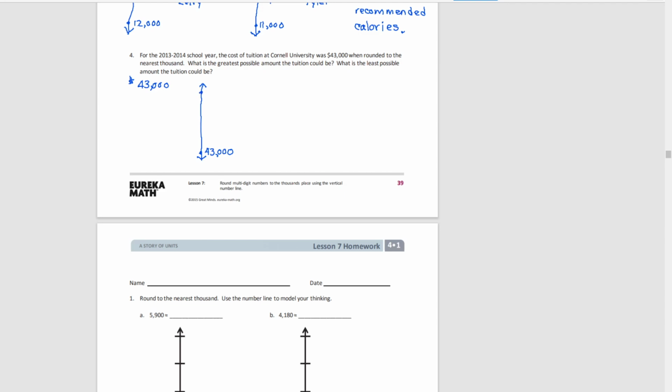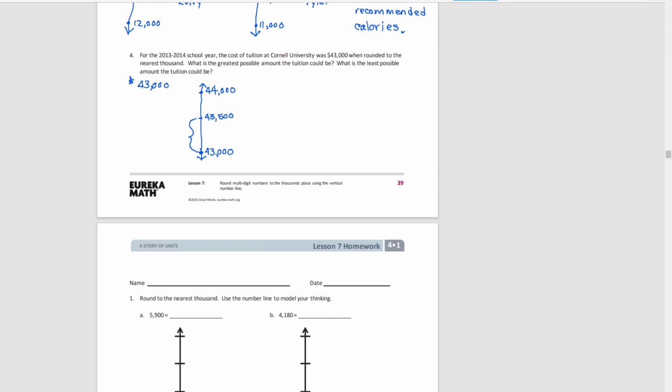and we put it on the vertical number line, the next highest thousand would be 44,000. The midpoint would be 43,500. So in order for the actual amount to round to 43,000, it would have to fall in this range. If it was more than 43,500, it would round up to 44.